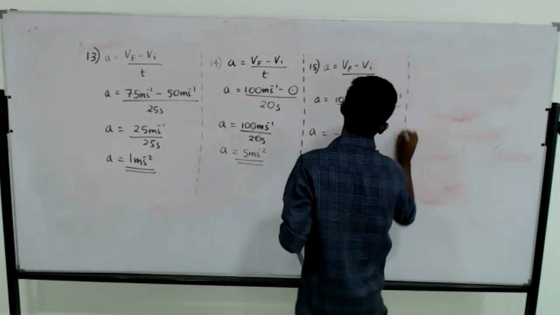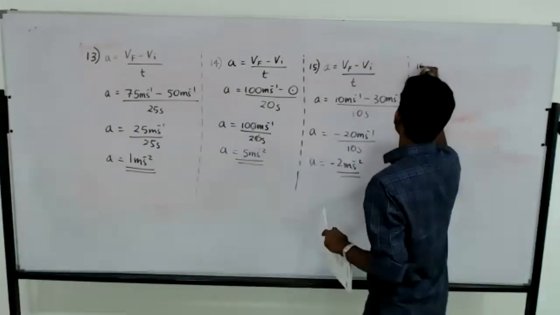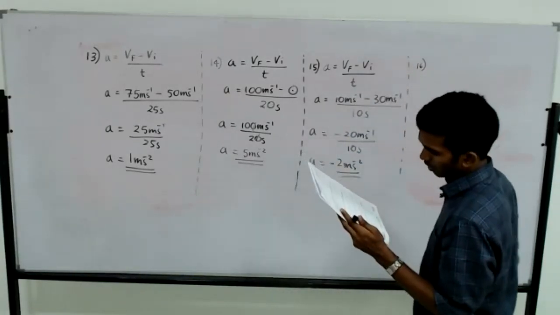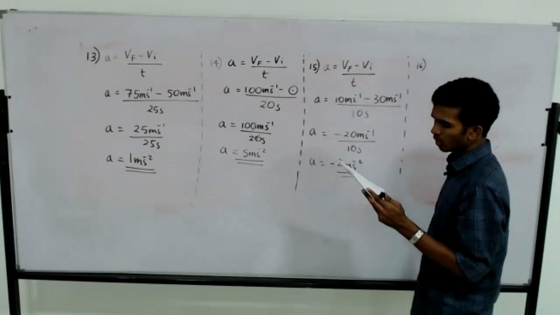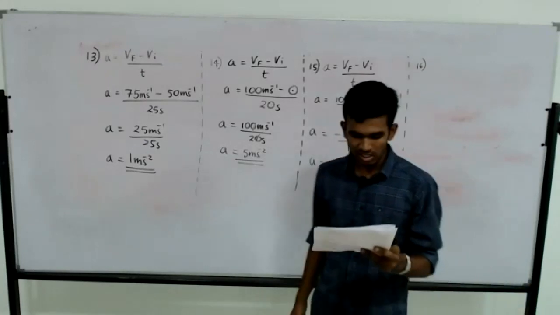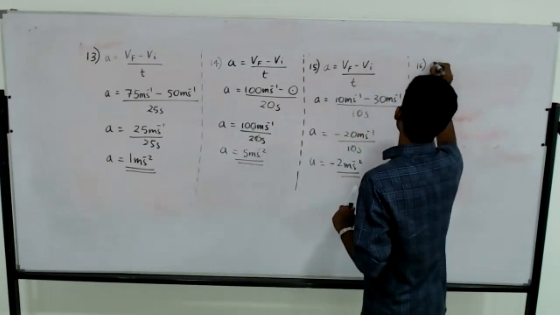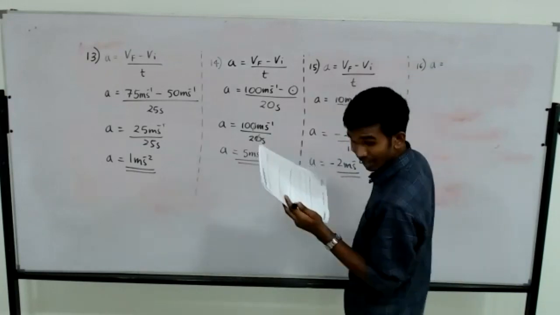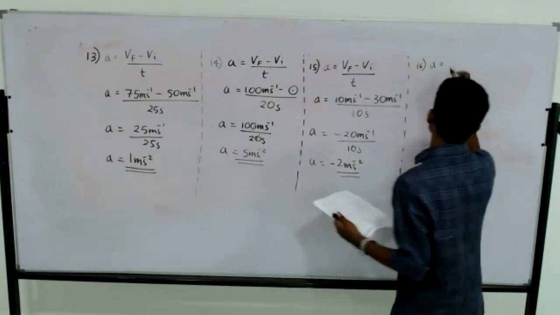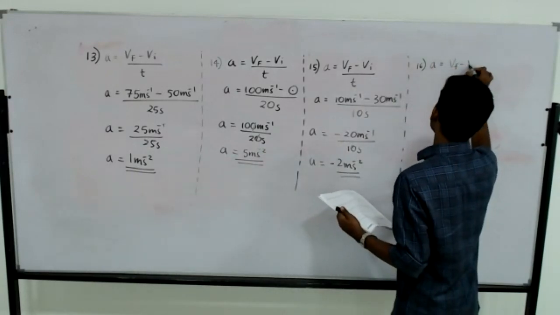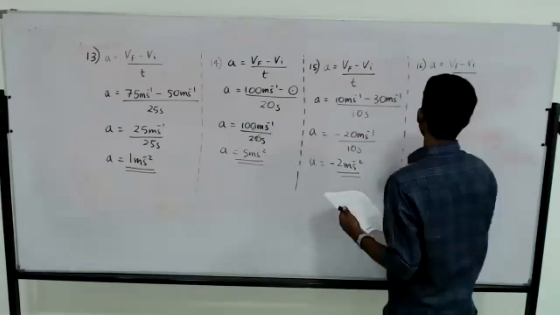Question number 16. A rocket capsule slows down from 200 to 50. Then initial is how much? 200. Final is 50. Time is given. We'll find acceleration, but they're asking deceleration. Acceleration is final minus initial divided by time.